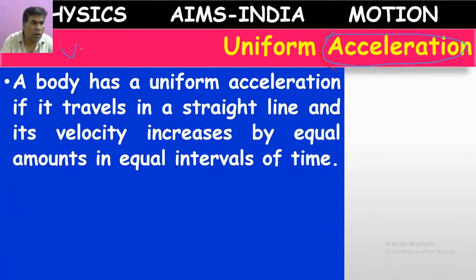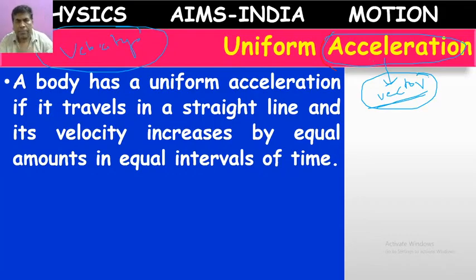Velocity is a vector, so acceleration is also a vector. Already we told yesterday, vector means which has magnitude and direction. So what is uniform acceleration here?